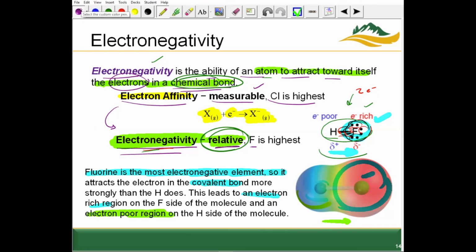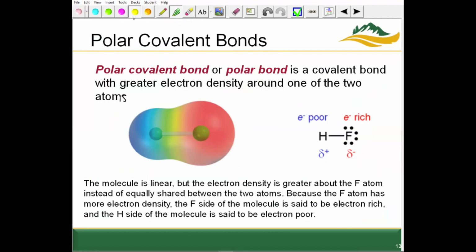Just like atomic radii, ionization energy, and electron affinity, there is a set trend we can look at for electronegativities in the periodic table. So we'll look at that in just a moment. Before getting into that, let's connect electronegativity to these covalent bonds.